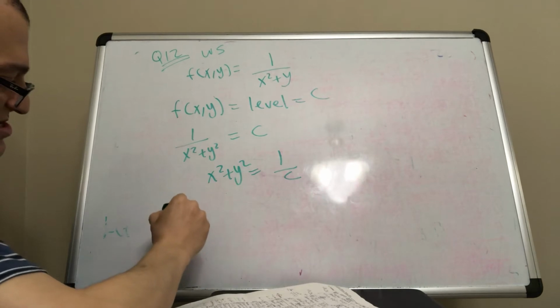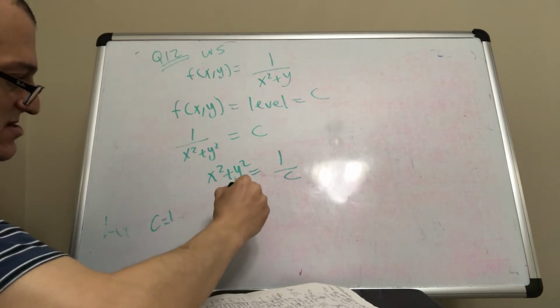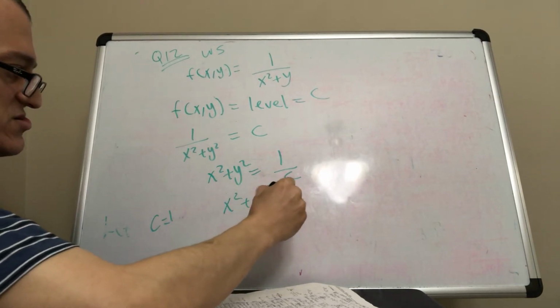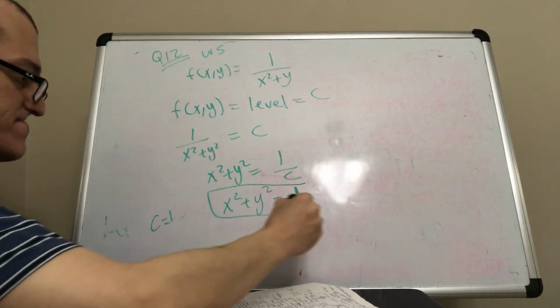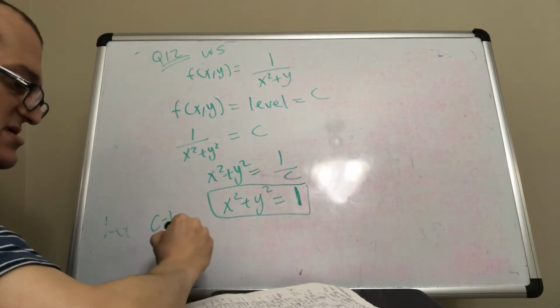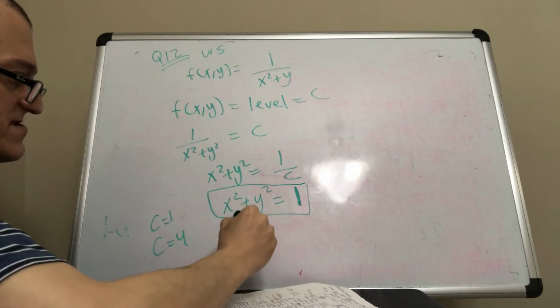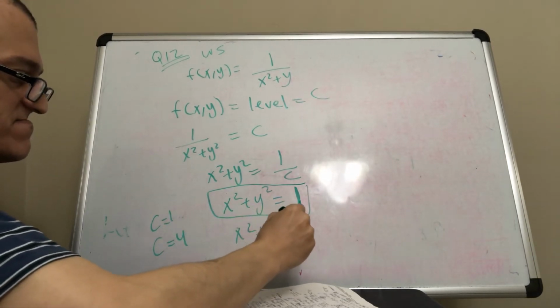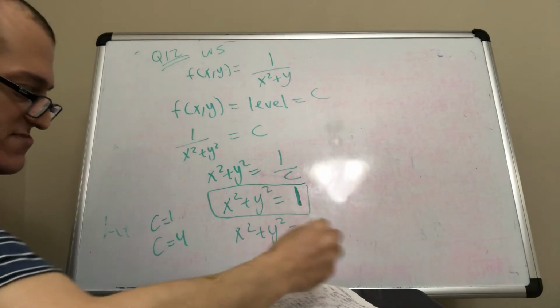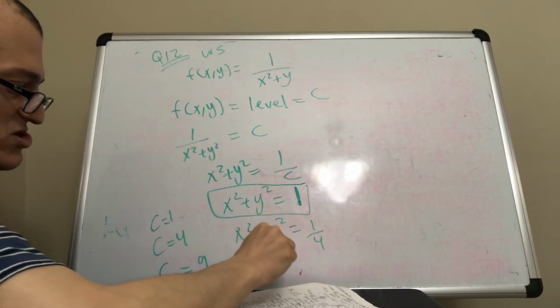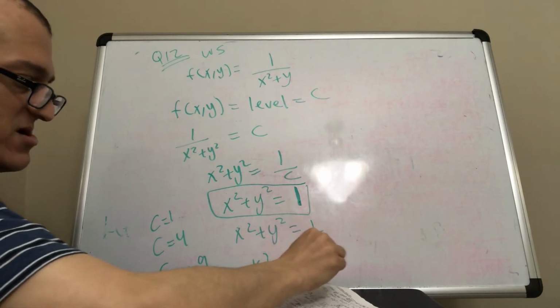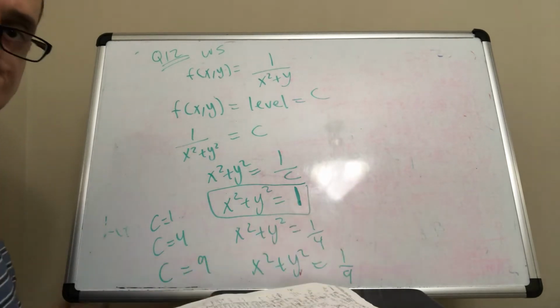So when c is 1, this will turn into 1. When c is 4, this will turn into 1 over 4. When c is 9, then this will turn into 1 over 9.